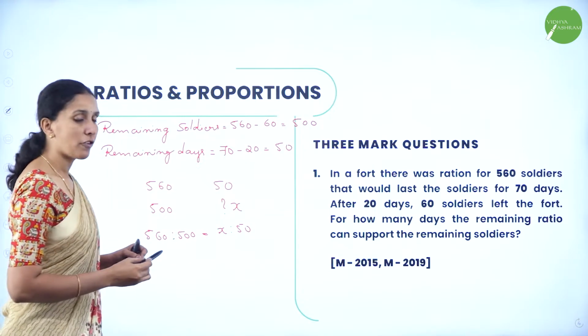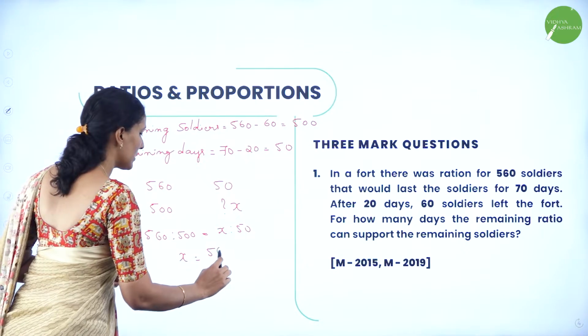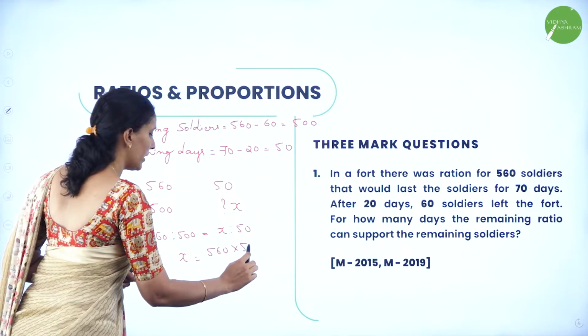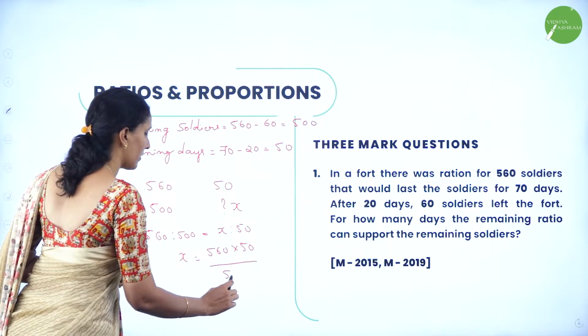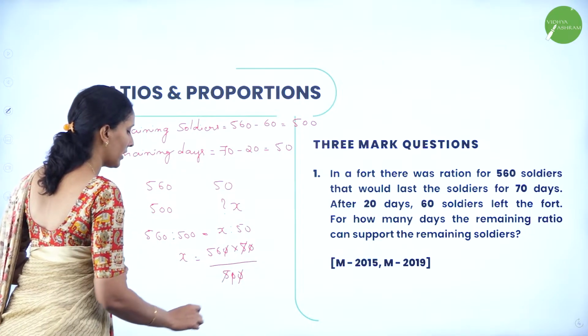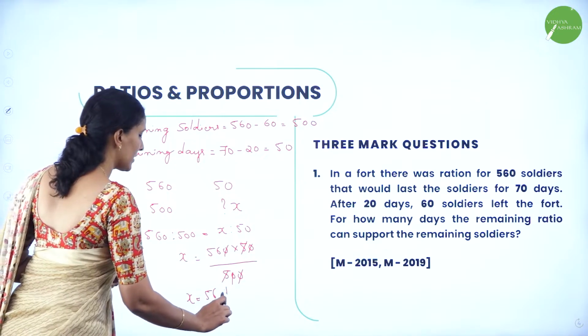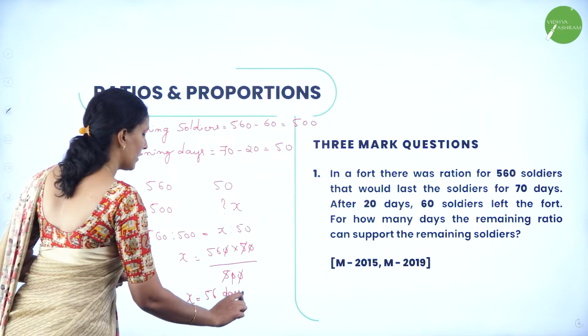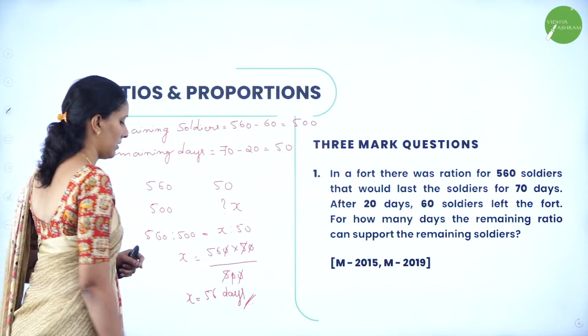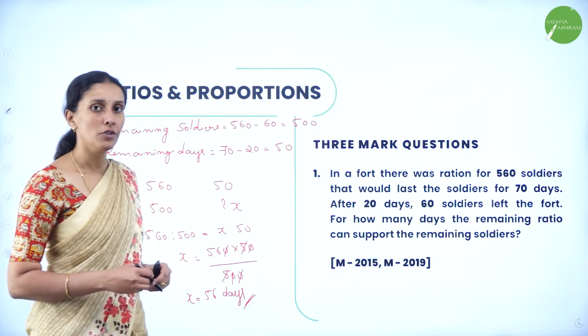Now from the product of means and extremes, we can write x as 560 into 50 divided by 500. So the zeros get cancelled, 5, 5 get cancelled. So clearly there are 56 days where you can use the remaining ration for the soldiers.